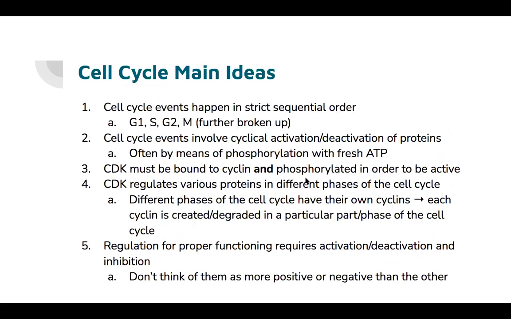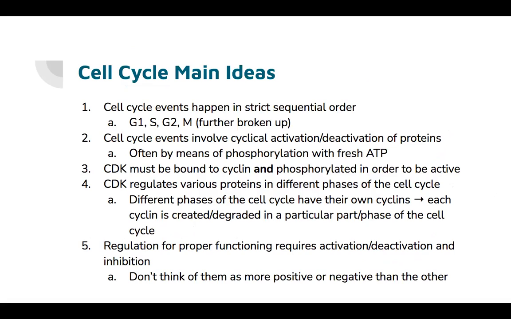And so these are the main ideas of the cell cycle that we just want you guys to remember. The cell cycle events have to happen in a strict sequential order from G1 to S phase to G2 and to M phase. The cell cycle events involve cyclical activation and deactivation of proteins, which is often by means of phosphorylation with ATP within the cell.